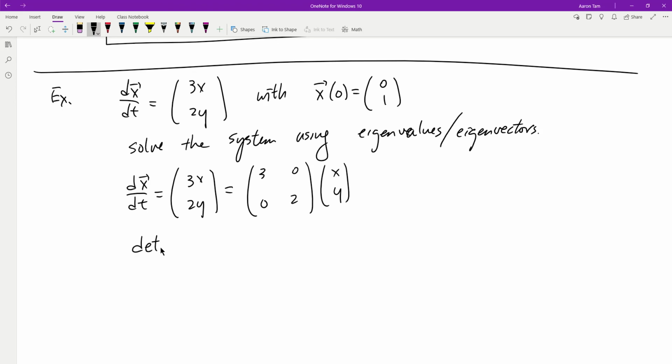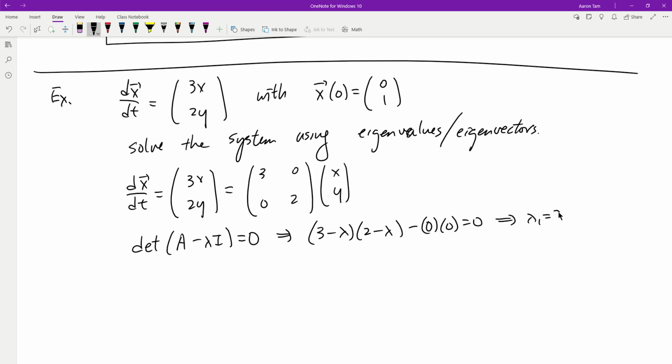That would mean that the determinant of A minus lambda I equal to 0 would turn into (3 minus lambda) times (2 minus lambda) minus 0 times 0 equal to 0. So that simply indicates lambda 1 equal to 3 and lambda 2 equal to 2. Yeah, because it's just 3 minus lambda times 2 minus lambda equal to 0. So therefore, just 3 and 2.